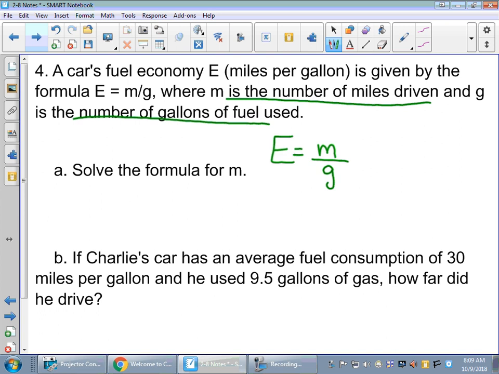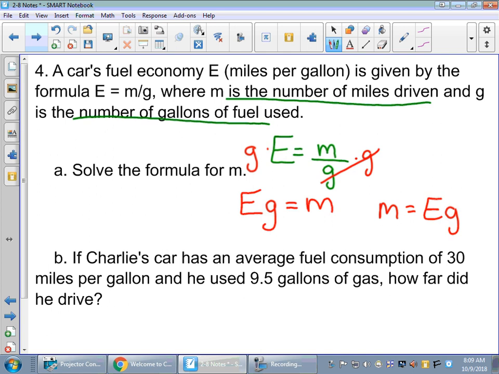It's being divided by G, so to undo that, we multiply both sides by G. It cancels on the right, and what we have is EG is equal to M. Or you could write M is equal to EG.